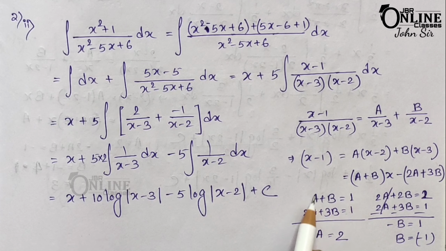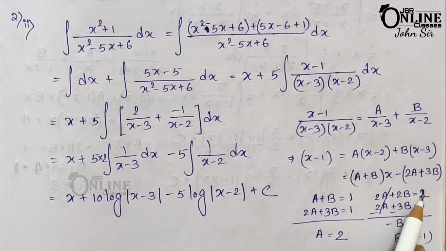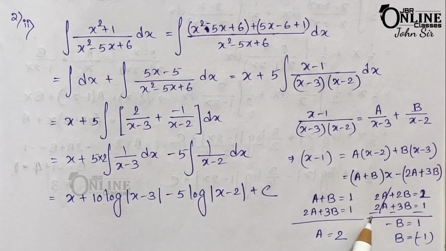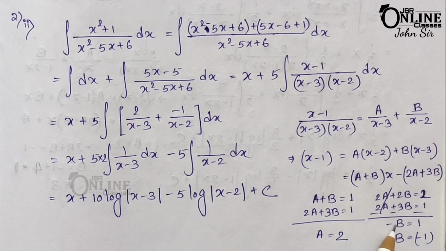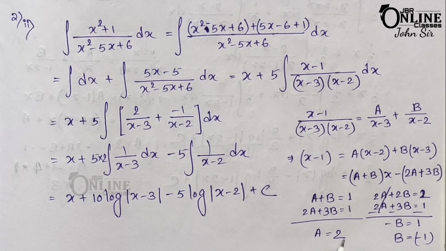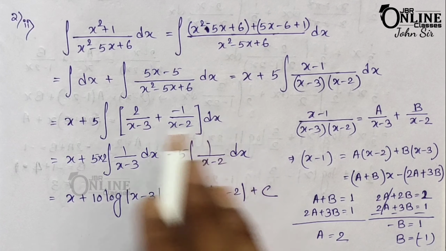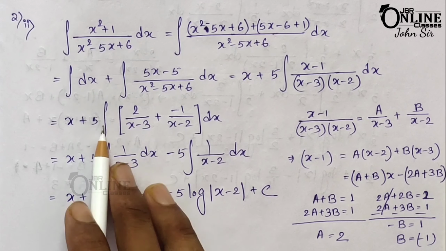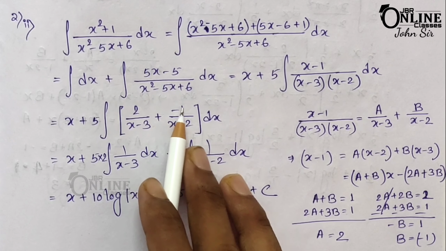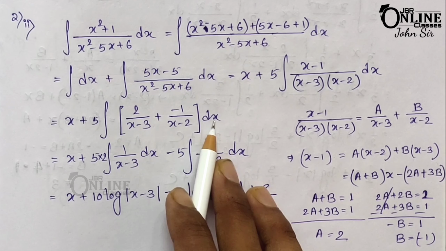Now if you multiply the upper one by 2, it becomes 2A plus 2B equal to 2, and the lower one is minus 2A plus 3B equal to 1. If you add these, 2A cancels out, and from here B equal to minus 1. If B equal to minus 1, then from that A equal to 2. Now put the values here: x plus 5 integration (2 by (x minus 3) plus minus 1 by (x minus 2)) dx.